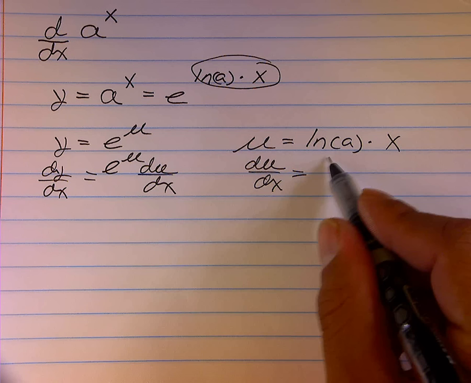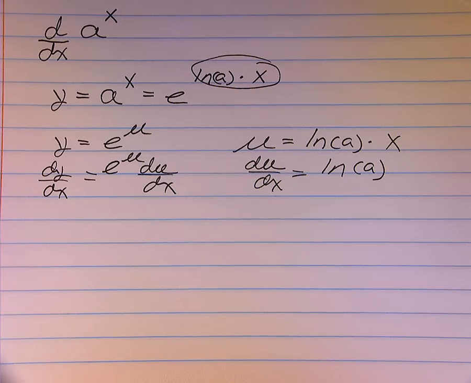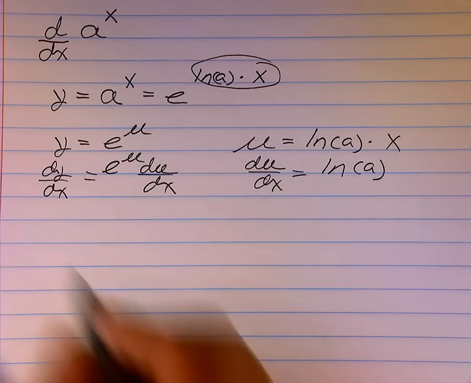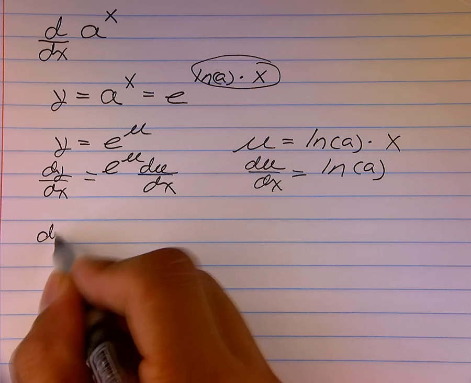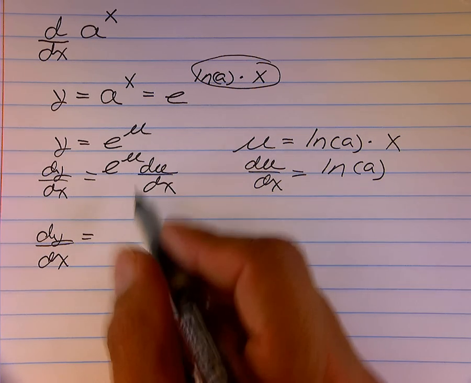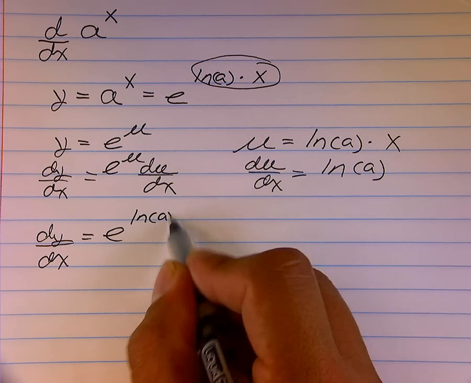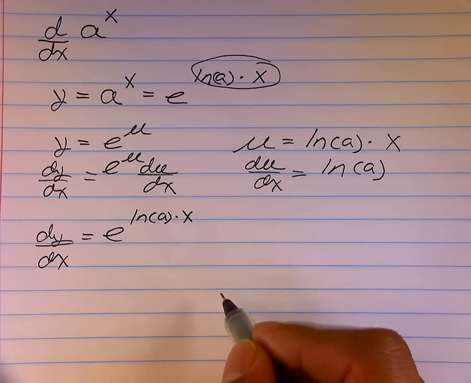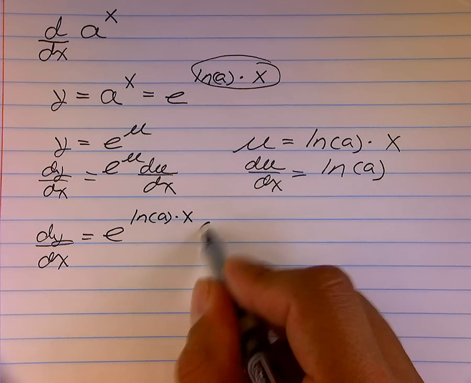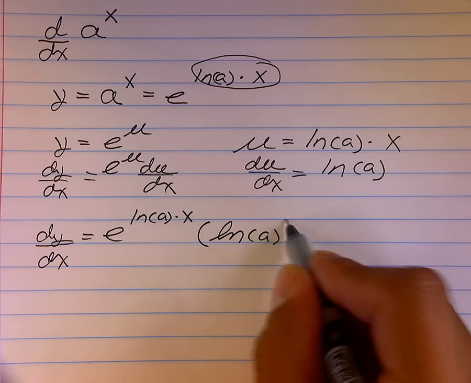It's just going to be the constant. Now I'm going to back substitute. E to the u is e to the ln of a times x, times du dx, which is the ln of a.